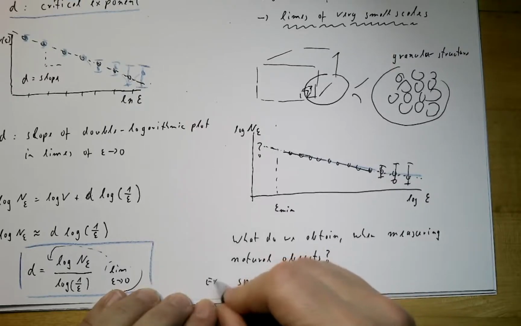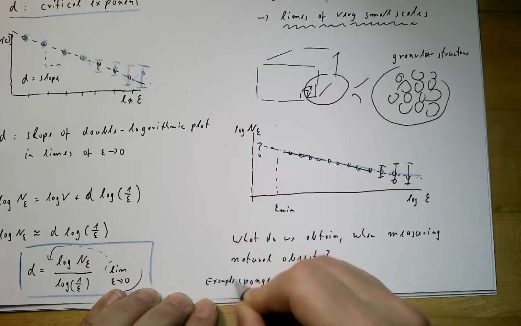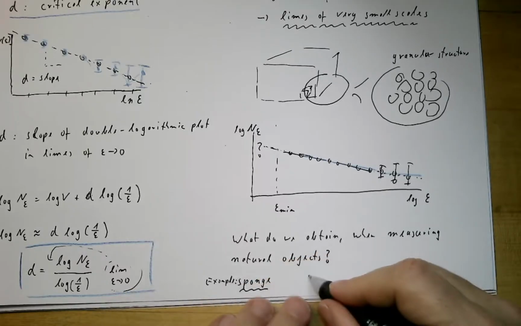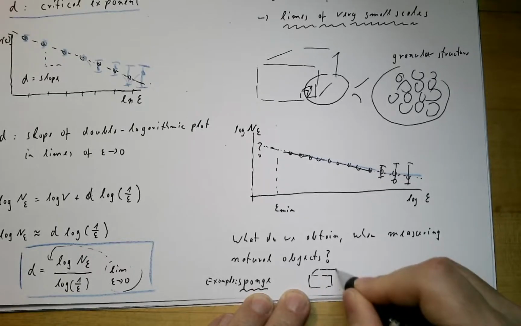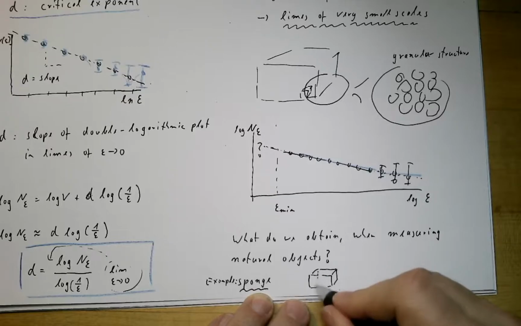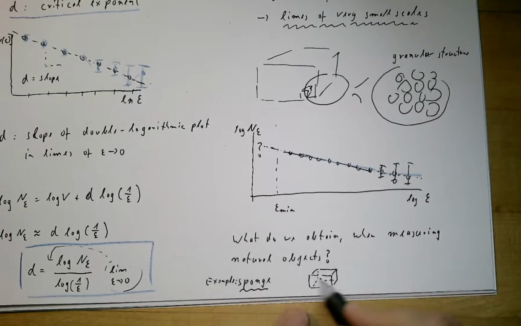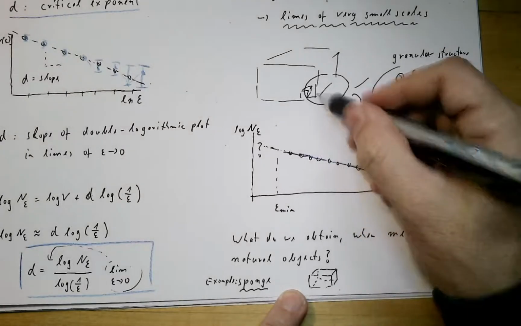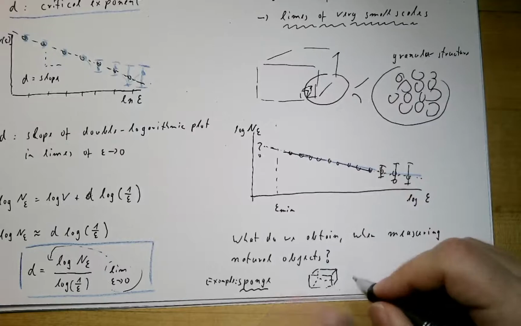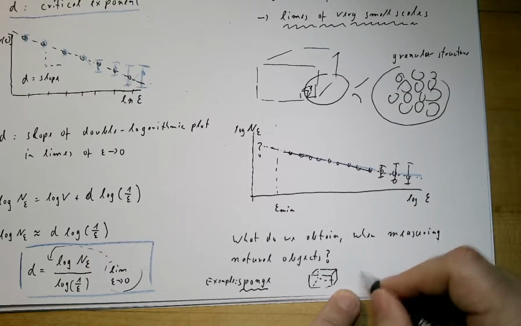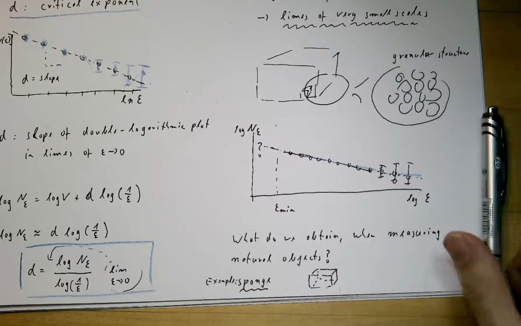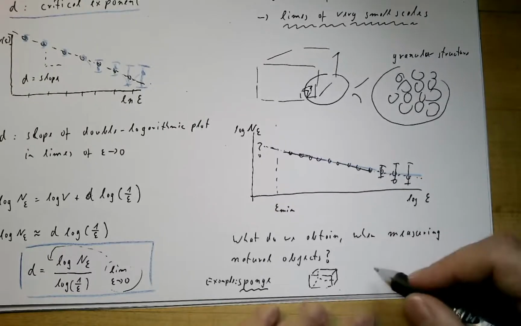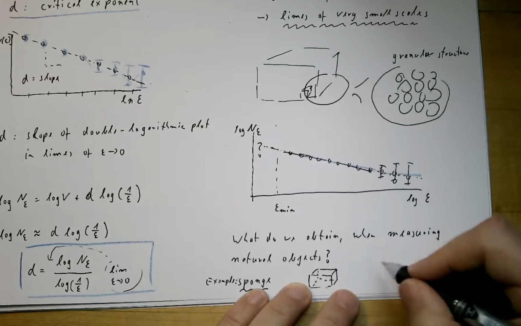As an example. When you look at a sponge from a large distance, a typical sponge, it looks like a three-dimensional object. But if you now zoom in on the structure at a smaller scale of the sponge, then you see holes in the sponge.